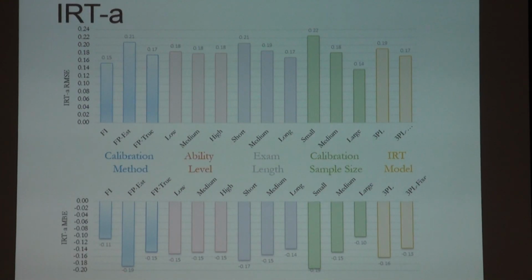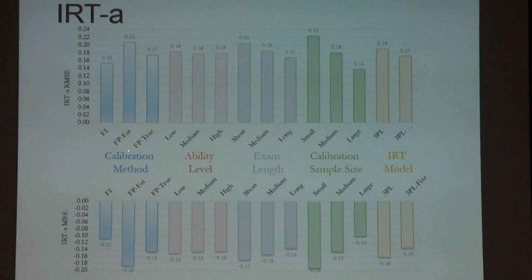We also look at IRT A, B, and C parameters separately. This figure is for root mean square error, and this one is for mean bias error. And we have these factors along the horizontal axis.